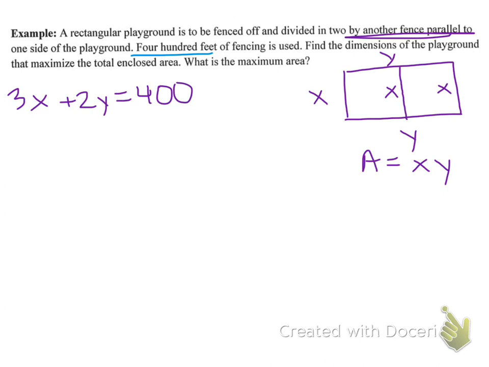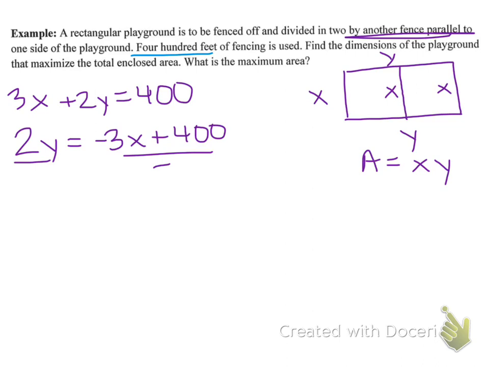I need to solve for Y, so I'll subtract the 3X over. So I have 2Y equals negative 3X plus 400. And we divide everything by 2. So Y equals, we'll split this up, negative 3 over 2 X plus 200.